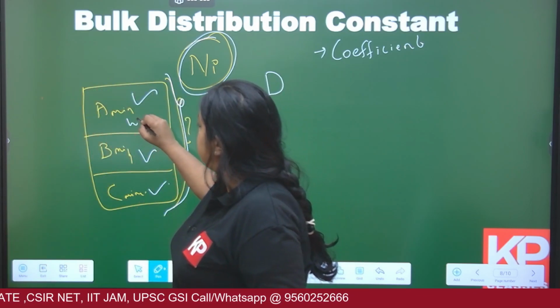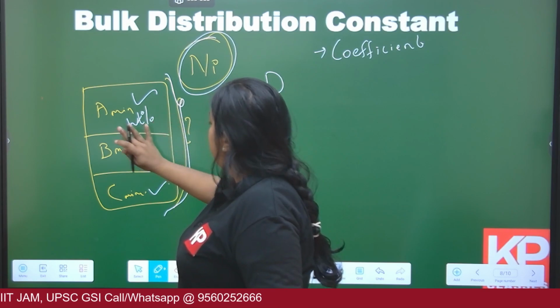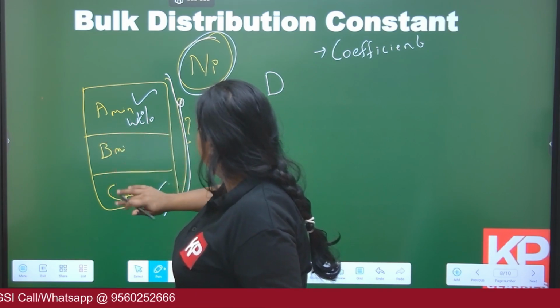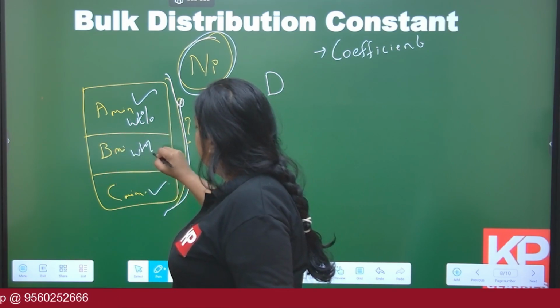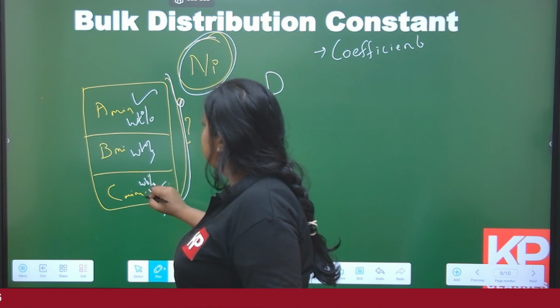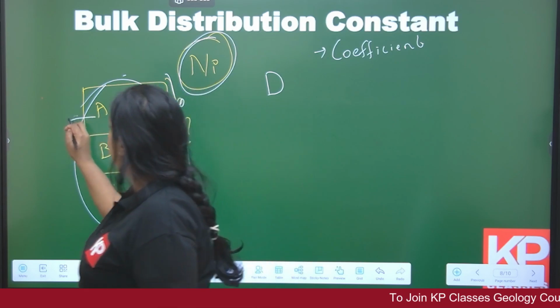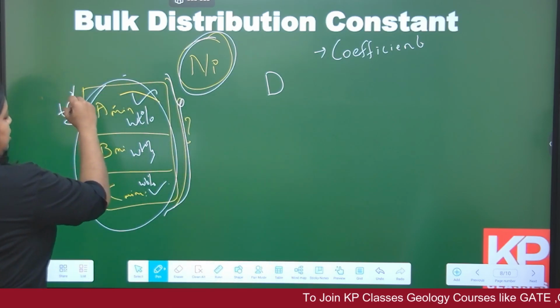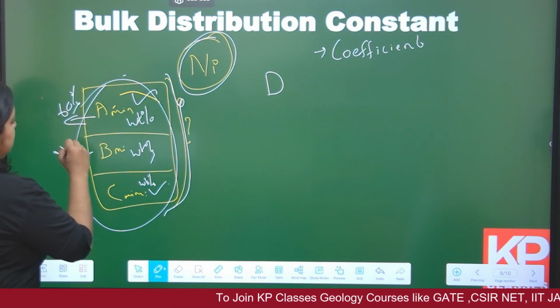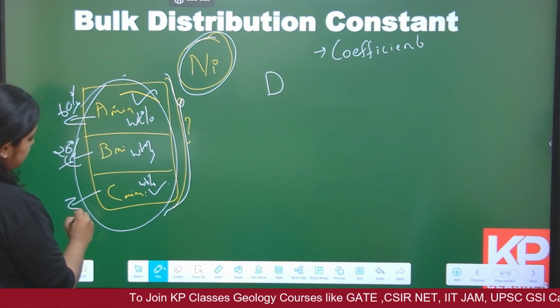That means what is the weight percentage of mineral A, what is the weight percentage of mineral B, and what is the weight percentage of mineral C in the whole rock. Maybe A is 60%, B may be 20%, and C is also 20%.